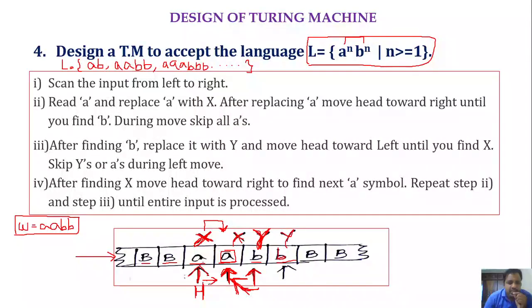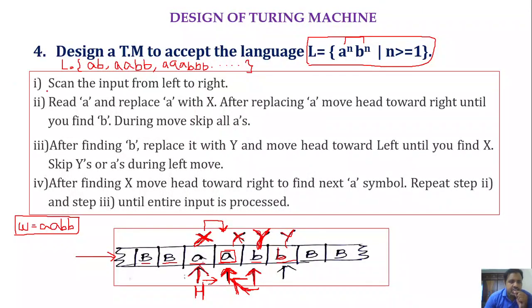Once all the a's and all the b's are converted into x's and y's, you will get the same number of x's and y's, and then that particular string is said to be accepted. I'll explain this logic clearly in the coming slide. For the time being, I have just given a brief idea about the logic of implementation.